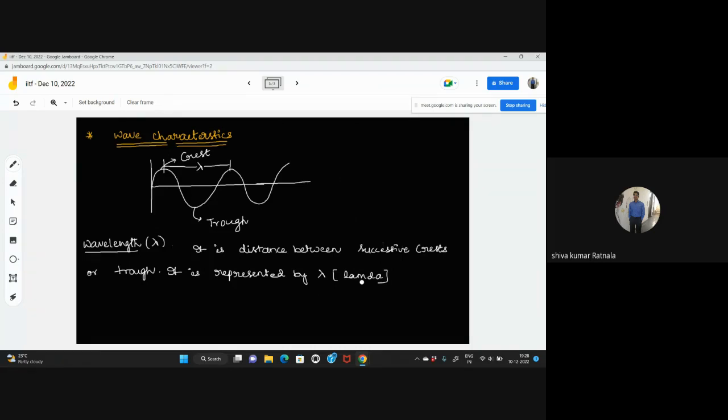Generally, wavelength we are going to measure or represent in angstrom units, nanometers or picometers.